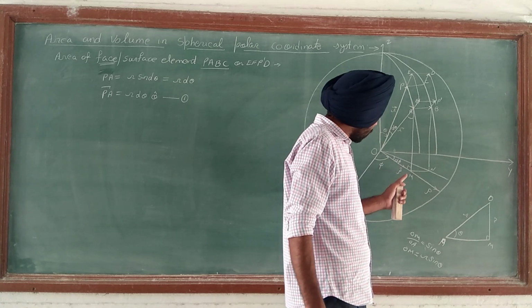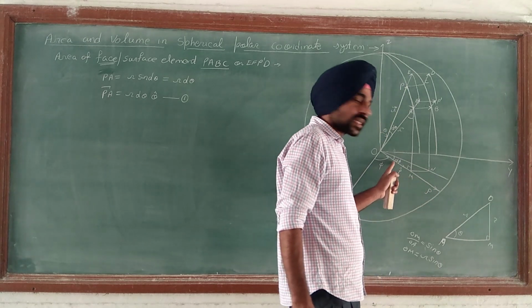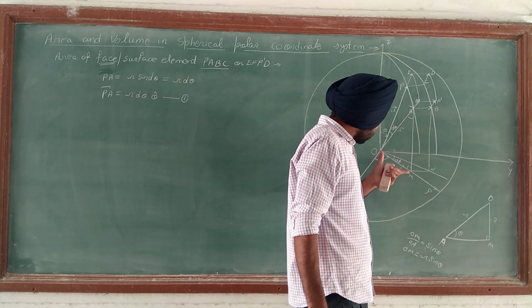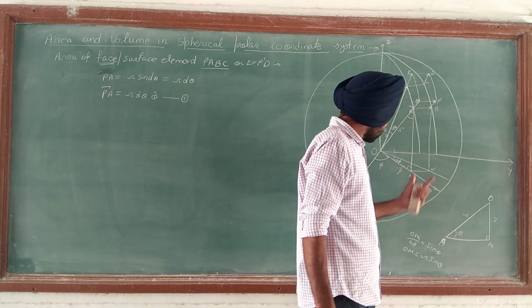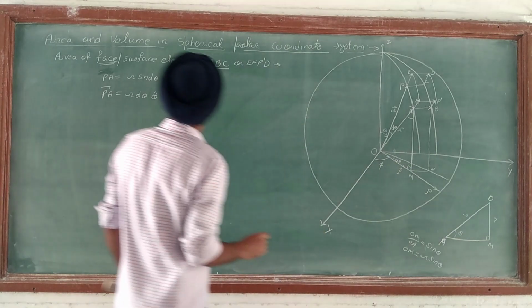In this circular arc, the displacement from point M to N is due to change in angle dφ. So we can write this MN is OM dφ.